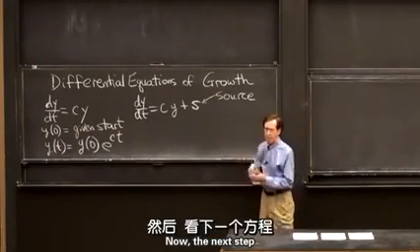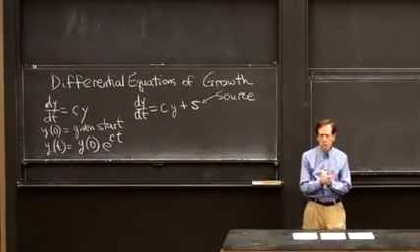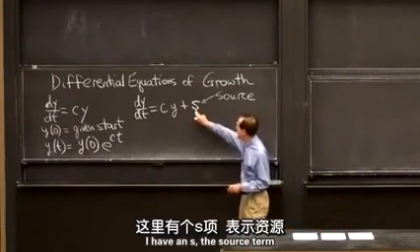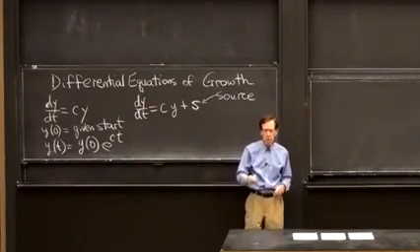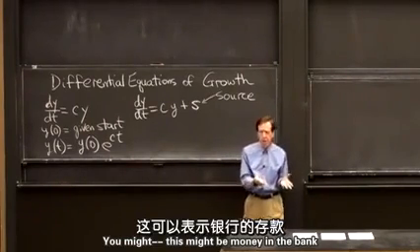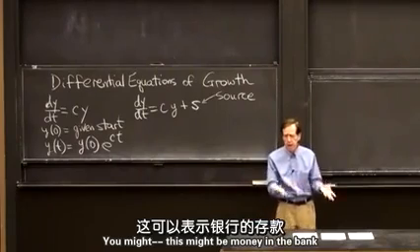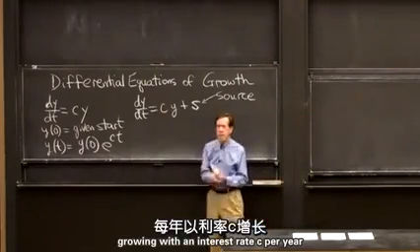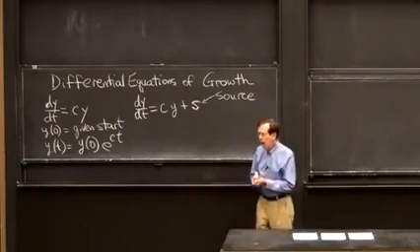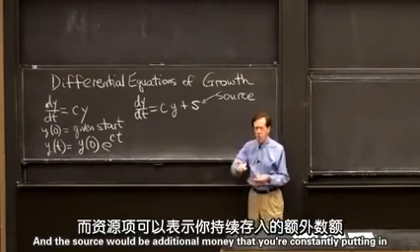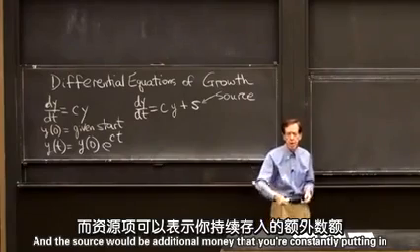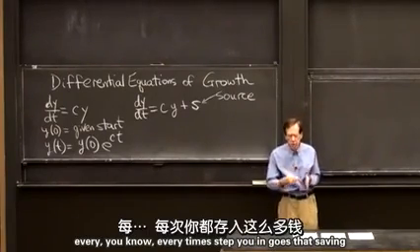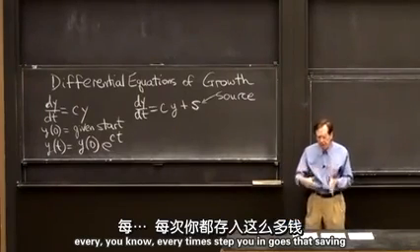Now, the next step, still linear, allows a source term. This might be money in the bank, growing with an interest rate c per year, and the source term would be additional money that you're constantly putting in every time step.